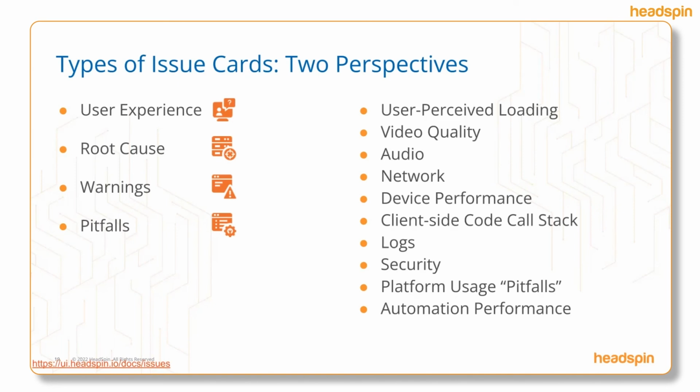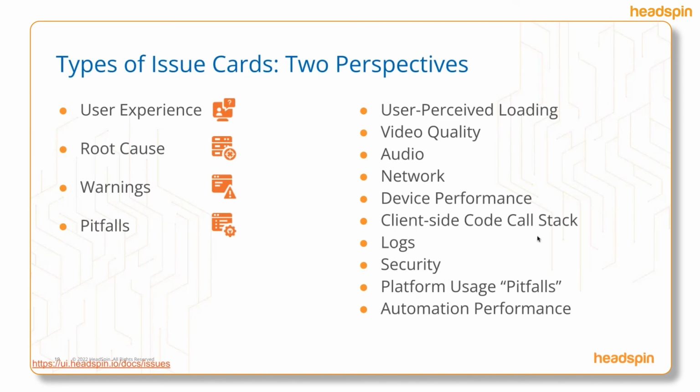But we can think about the issue cards that we currently capture as falling into these different types of data sources. So there's user perceived loading, there's video quality issues, there's audio issues, especially audio loudness, network issues, both in terms of HTTP as well as DNS and other network protocols. There's device performance issues in terms of, for example, battery usage or other issues on the device.